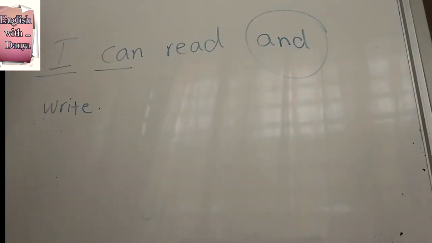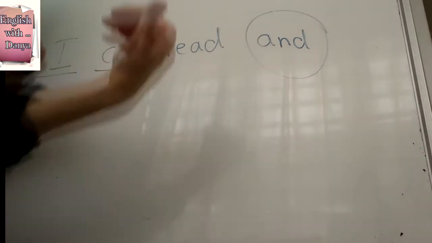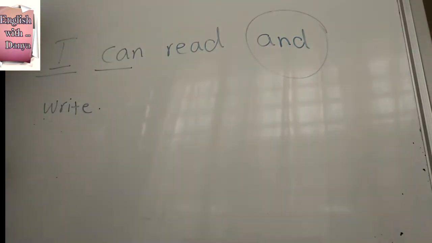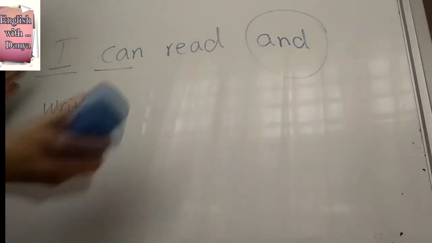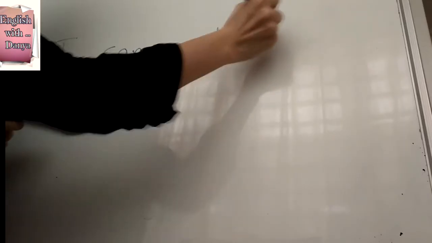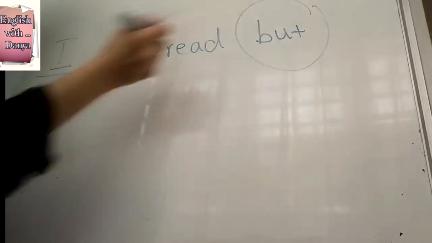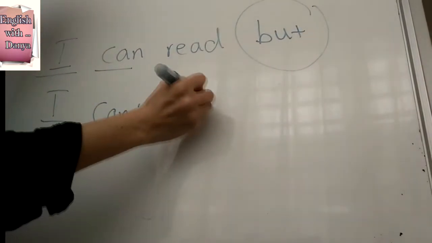To use but in the sentence means that one part of the sentence is different from the second one, meaning that here we are talking about the ability, right? I can read. But if you want to have two opposite meanings, so what we can do is that I can read, but I can't write.